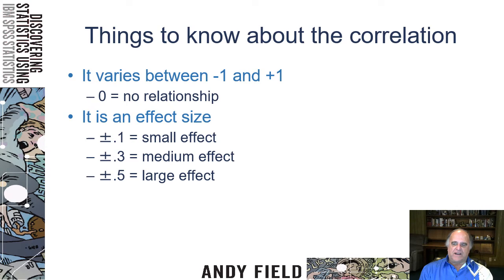So if we correct for restriction of range and attenuation, all of our correlation coefficients are going to be higher, which probably means we should adjust these effect size labels as well to reflect the fact that the uncorrected correlations are underestimates. So again, these are effect size labels for correlation coefficients not corrected for restriction of range or attenuation.